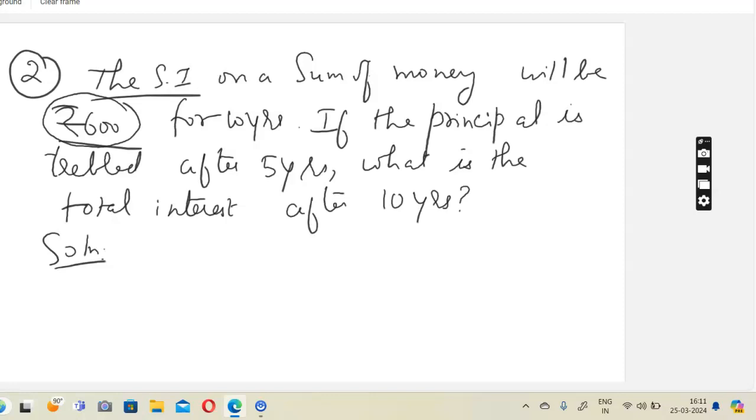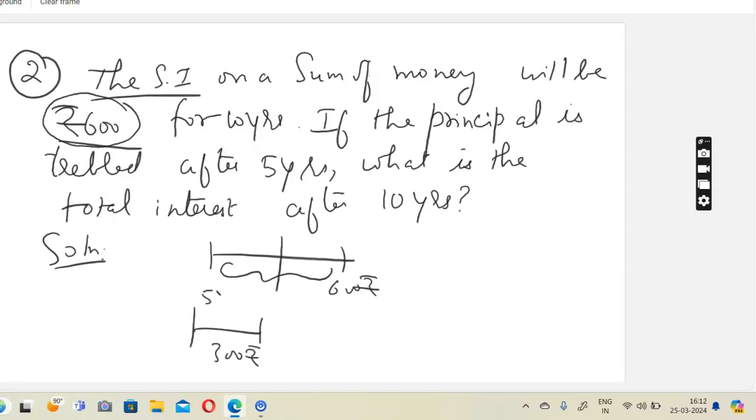In the normal case the interest is 600 after 10 years, right? So in the normal case, what will be the interest after 5 years? Just half of it. So 5 years interest, 10 years interest will be 600 for any particular rate of interest that is given randomly. So after 5 years it will be 300.